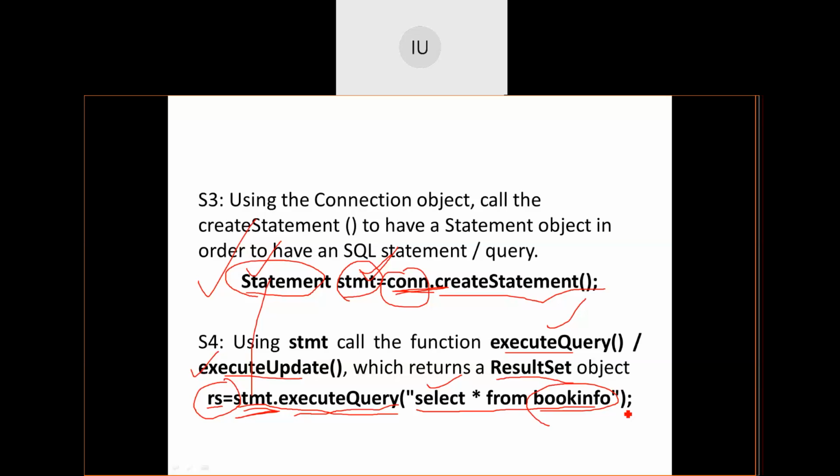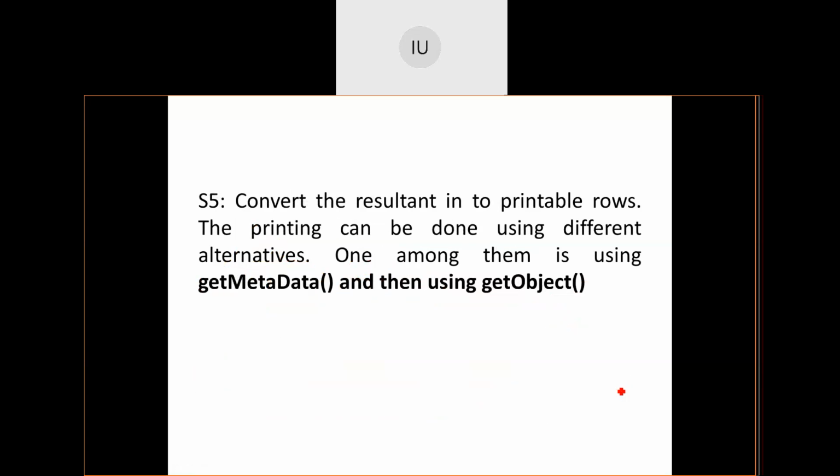All of you have taken it down. So how do you write it? ResultSet rs equal to stmt.executeQuery of double quotes select star from book info. I have taken one instance. Now I have got the result in the result set object.